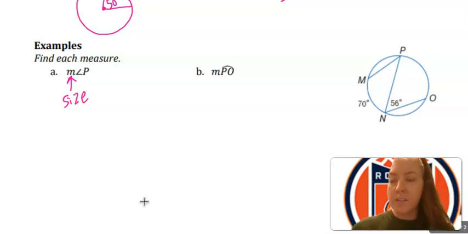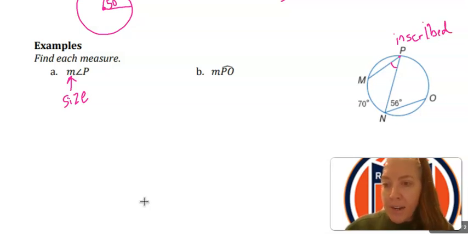of angle P. Angle P, that's not my favorite way to name it because I like 3 letters, but if they only use 1 letter, then you know you're referring to the only angle P that is created by the diagram. I noticed that P is on my circle, so I know that that's an inscribed angle. And so I need to find its arc.